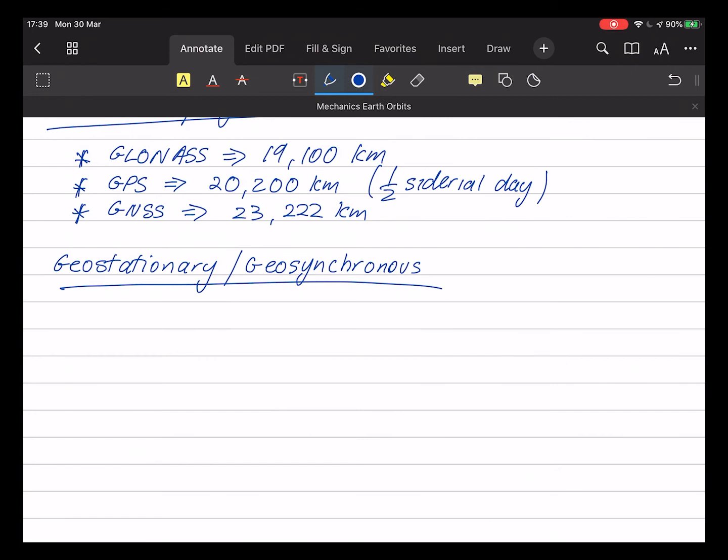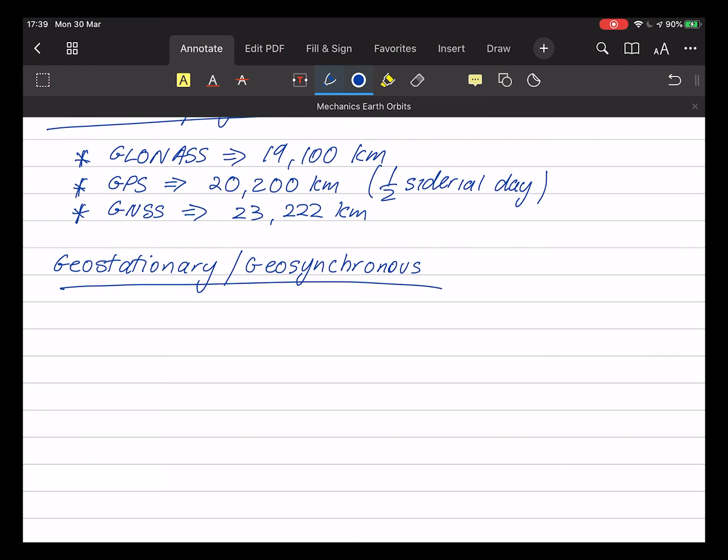At this altitude, if you put a satellite up there, it takes 1 sidereal day to orbit the Earth, and so it effectively stays above the same spot on the Earth. Now, that's true if it's at the equator. If it's not at the equator, it still takes 1 sidereal day to get around, but it's no longer geostationary. It'll effectively move north and south as you look at it from the Earth, back and forth.